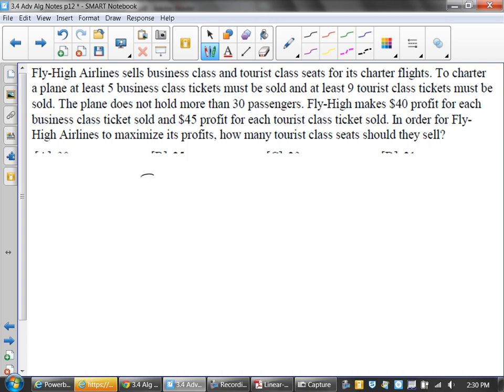So business class has to be greater than or equal to 5, and first class tickets have to be greater than or equal to 9. How many seats are on the plane? 30. So that means business class plus first class has to be less than or equal to 30, unless people are sitting on the wings.